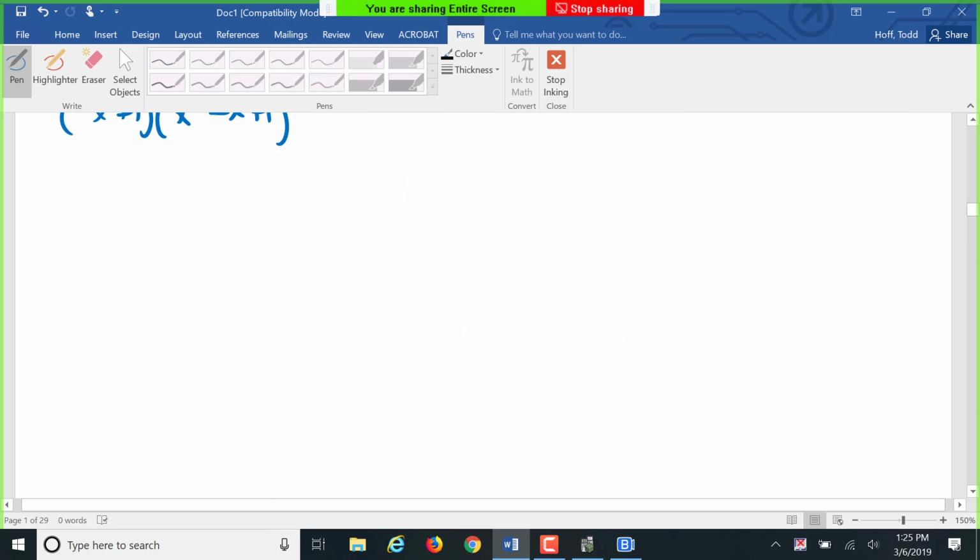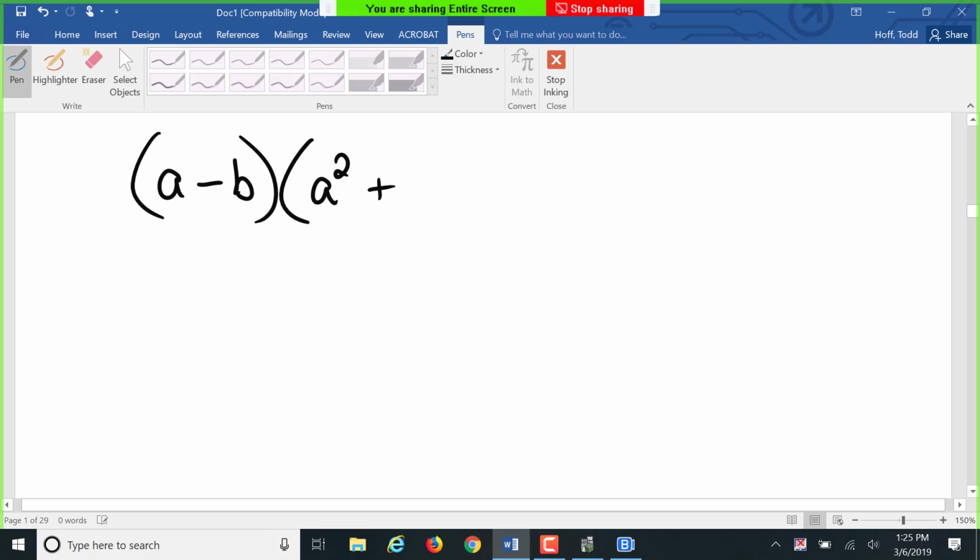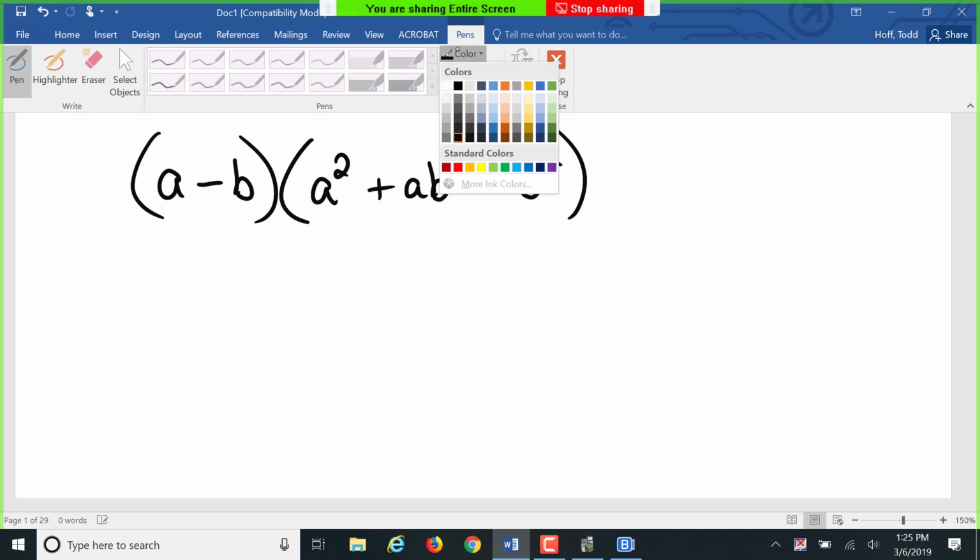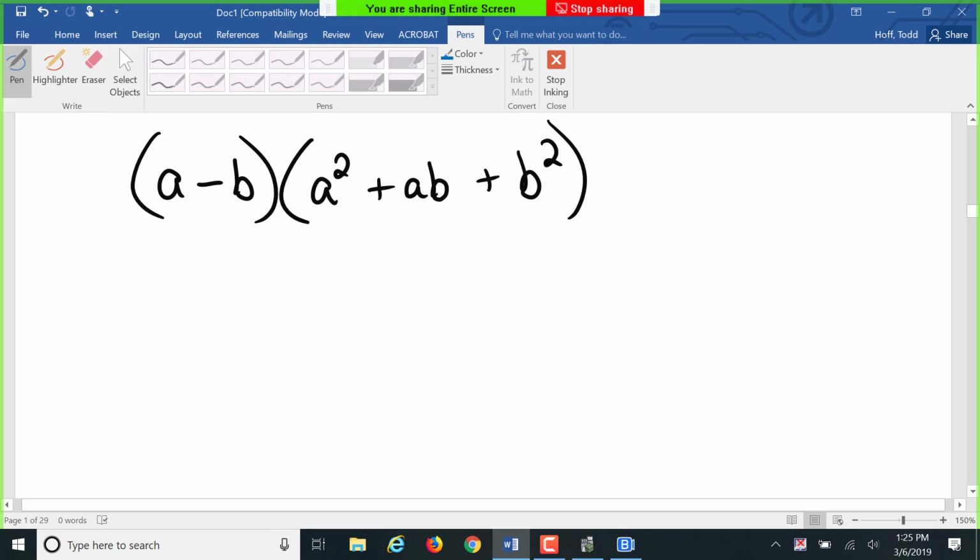The next one we want to look at is when we multiply out something like this. A minus b times a squared plus ab plus b squared.